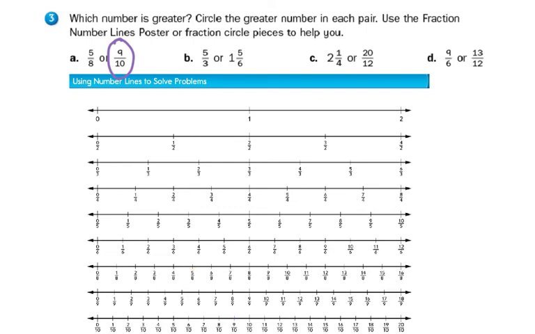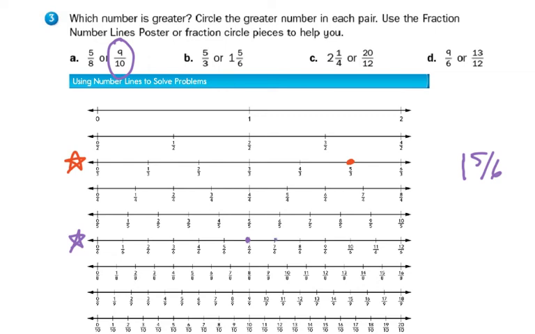Okay, let's find 5/3. Here's the fraction in thirds. 5/3 would be here. The next one is 1 5/6. Here's the one divided into 6. 5/6. 1 5/6. Well, here's 1 whole, right? 6/6 would equal 1 whole.